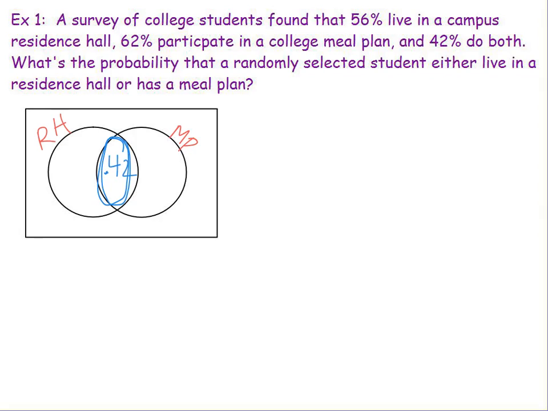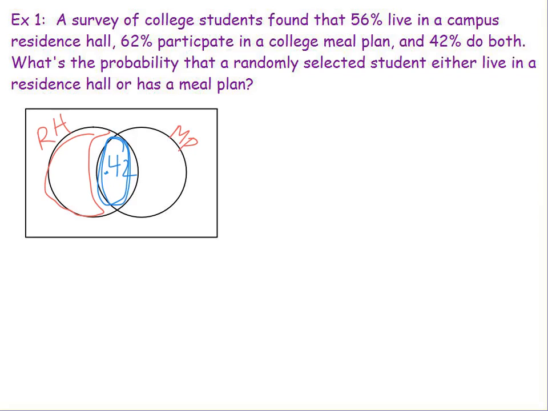Now we've got to look at the other part. Let's start with residence hall only. That's the people that are on this part of the circle. Well, we know that 56% live in a residence hall. Here's the thing. That 56% is the entire residence hall circle.